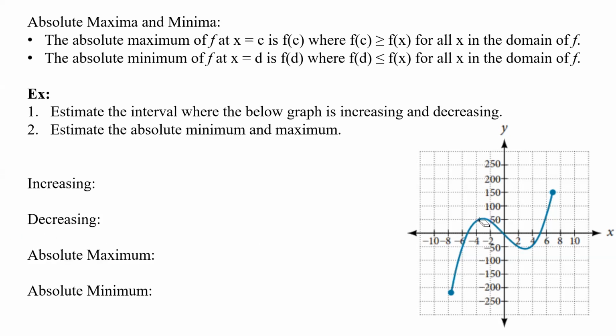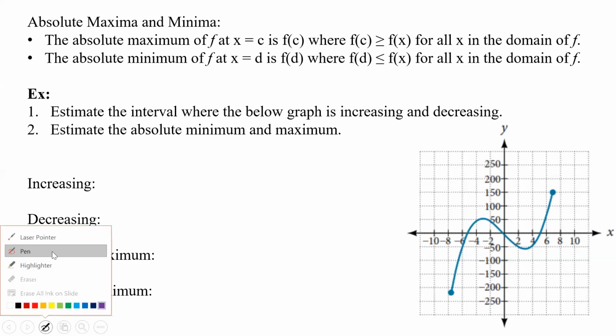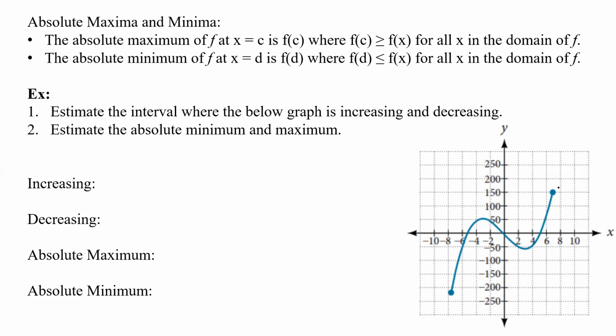We want the absolute max because notice over here it actually ends. I forgot it ended, so you have to be careful of that. So the absolute max is going to be this because it actually ends at that point, and the absolute minimum is going to be this one because it actually ends at this point. And so those are the points we have to actually figure out.